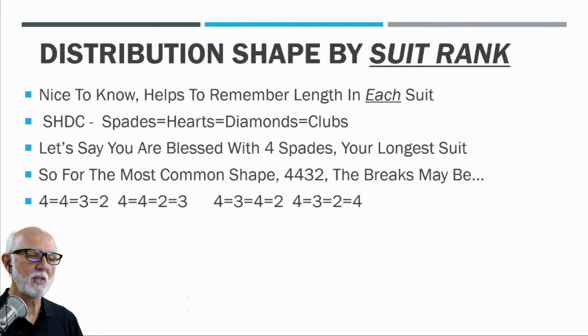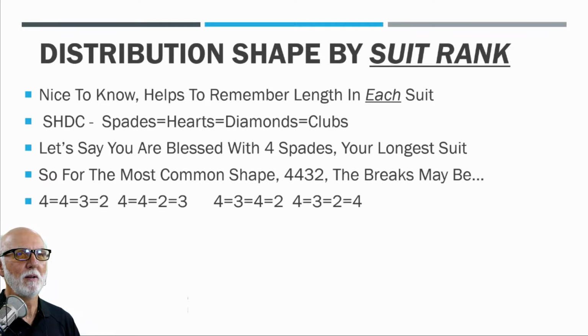Okay, so sometimes it's nice to be thinking about not just it's a 4-4-3-2, but at least in your mind, okay, I can't remember this last one, 4-3-2-4, but I can remember 4-4 in the black. Or maybe the second one, 4-4 in the majors. Okay, I can remember that one.